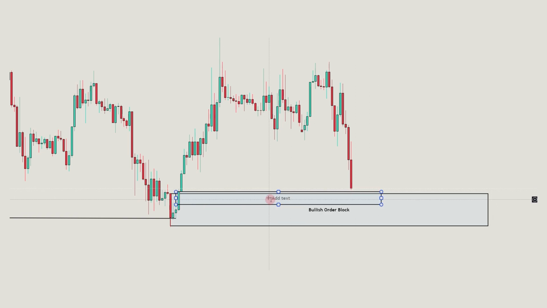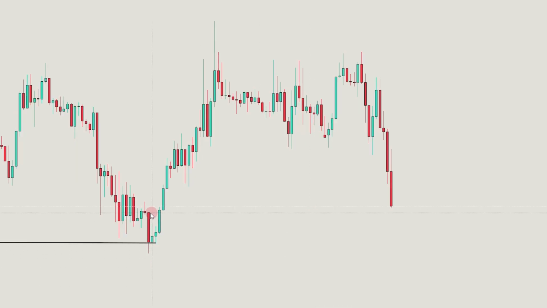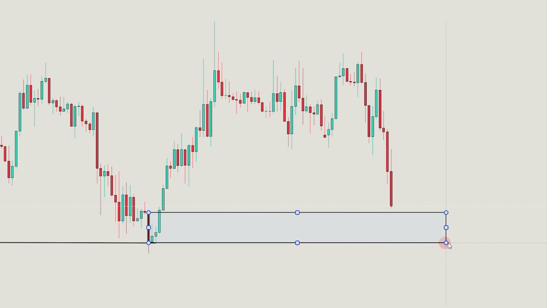This movement should leave behind an imbalance, which additionally confirms the activity of large capital. The order block is formed exactly in the body of this last candlestick. Sometimes it is drawn on the body, sometimes taking into account the shadow. If the shadow is long, it can be included in the block zone, especially if there is clear activity on the lower timeframes.